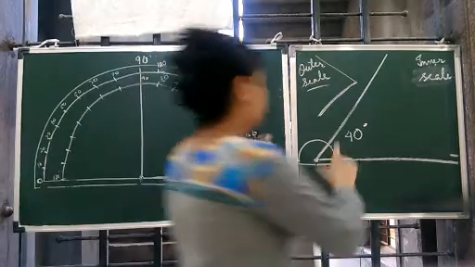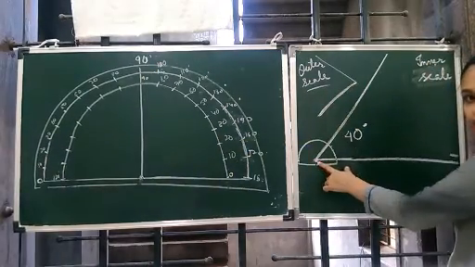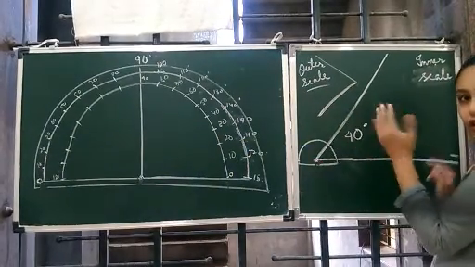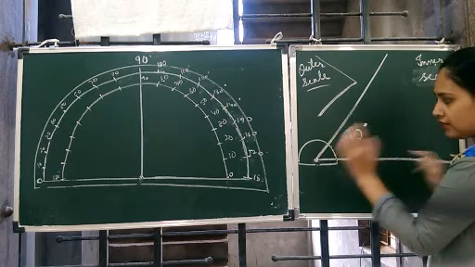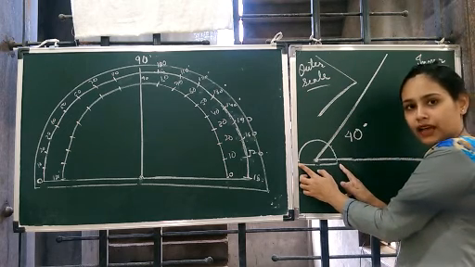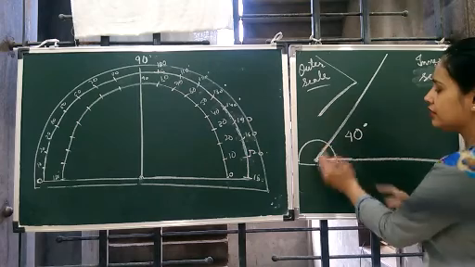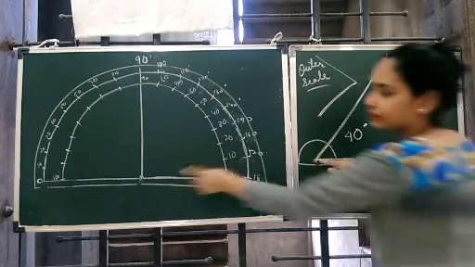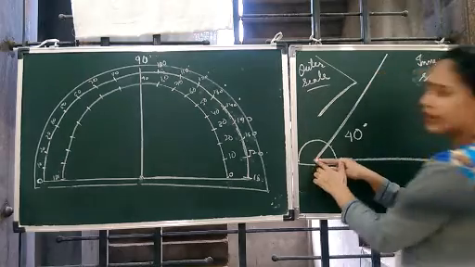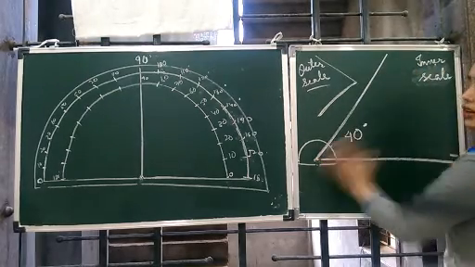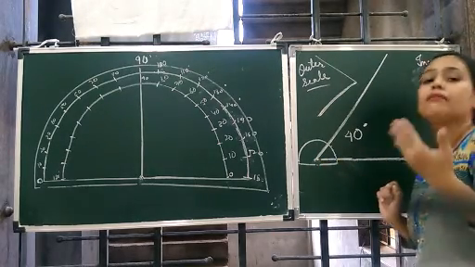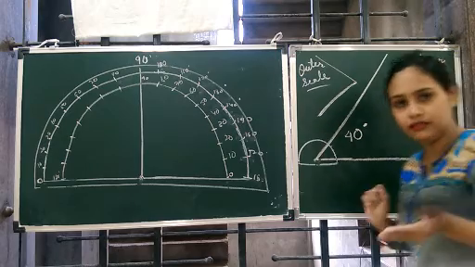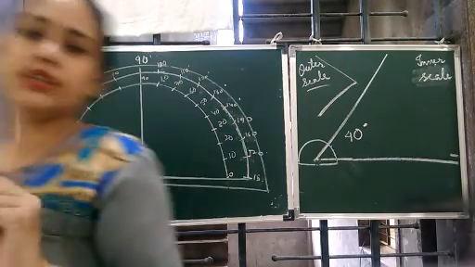Then again you have the baseline in the angle. Here we do not have to make anything, it is already there. What to do? We keep the angle like this, and we keep the protractor like this. The vertex of the protractor and the vertex of the angle together, we measure the angle. Clear? So this is how we measure the angle.